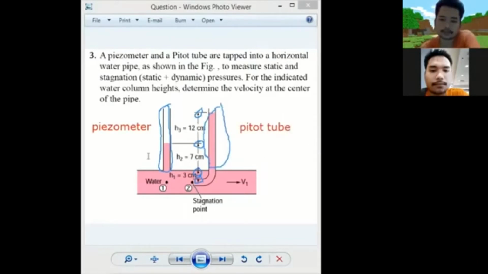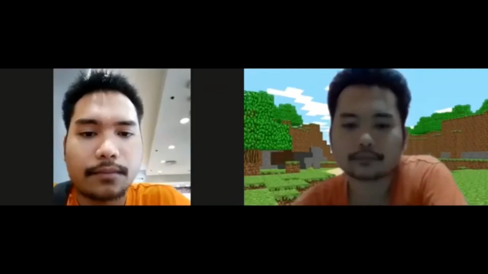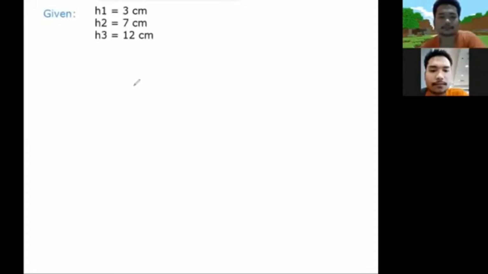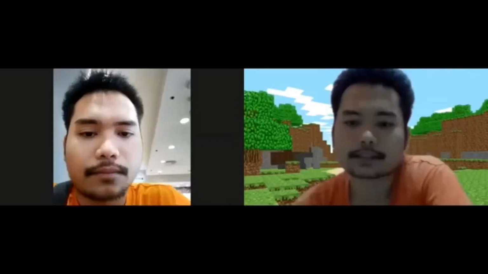Our given values have already been given in the figure. Our task is to determine the velocity at the center of the pipe. Since we are given the 3 heights, our analysis is this.